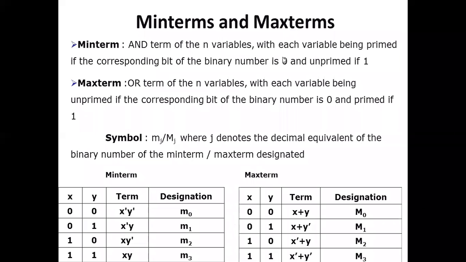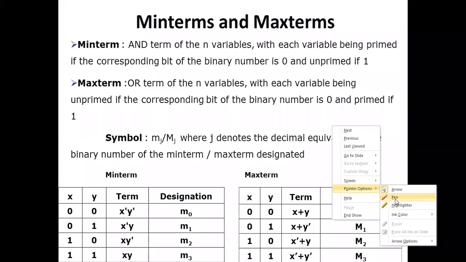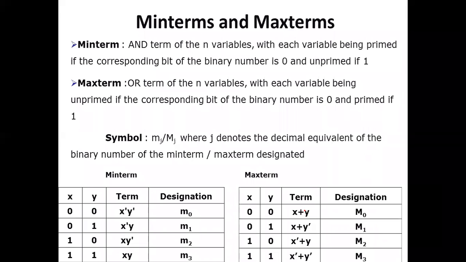It's a kind of opposite in max term. It's the OR term of n variables, with each variable being unprimed if the corresponding bit of the binary number is 0 and primed if it's 1. So you can see in this table, we get the OR term of x and y, and x and y are primed only if the values are 1.